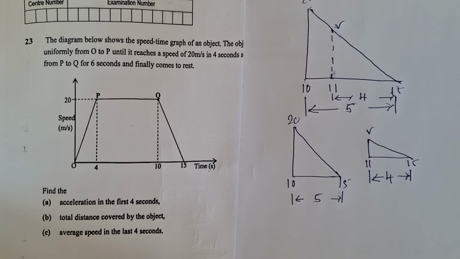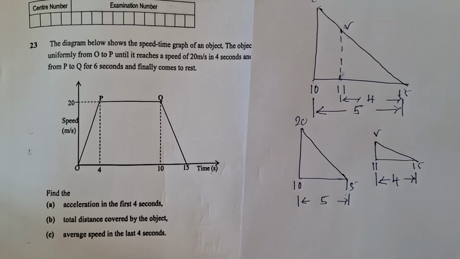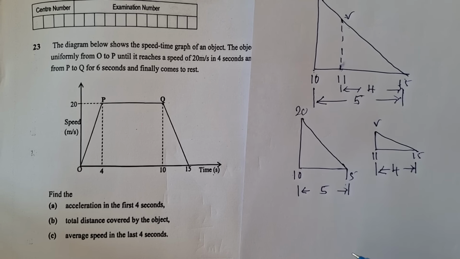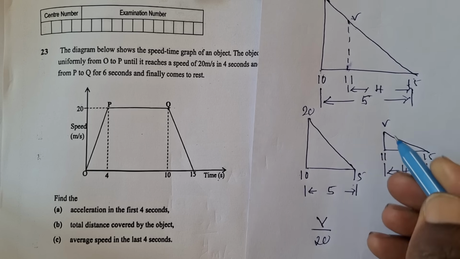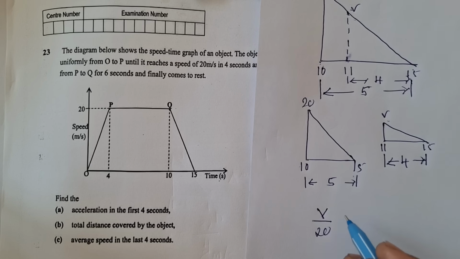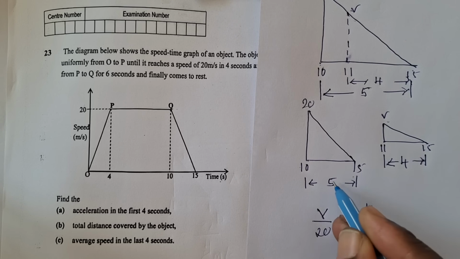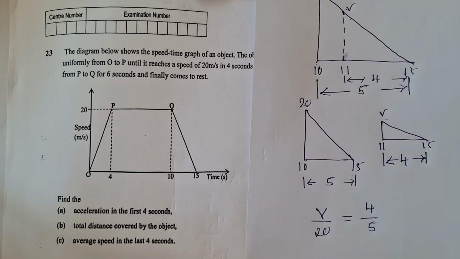So now you can just compare. I want to find the value of V. So for me to find the value of V, I will just say V over 20 is equal to 4 over 5. You see that?